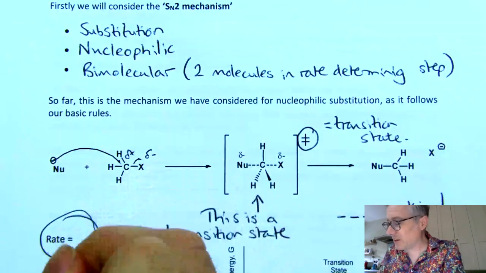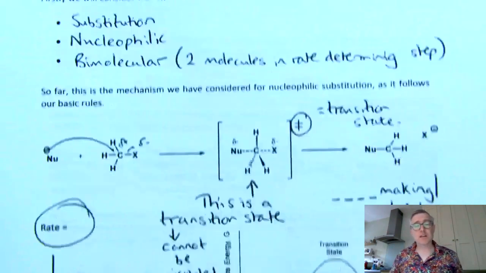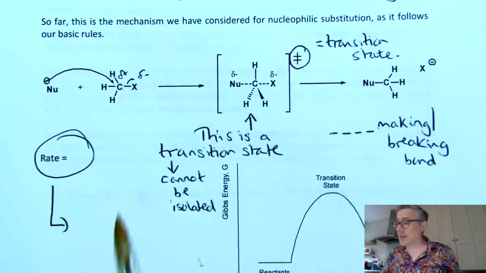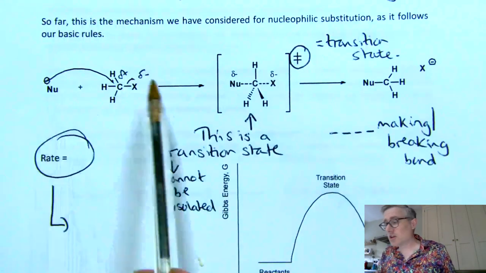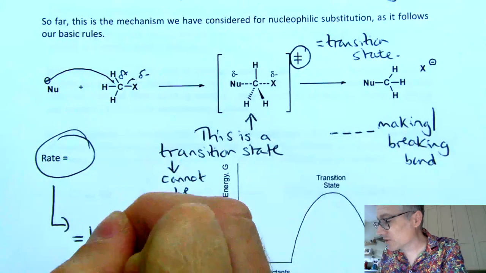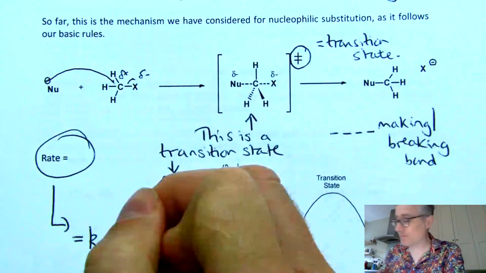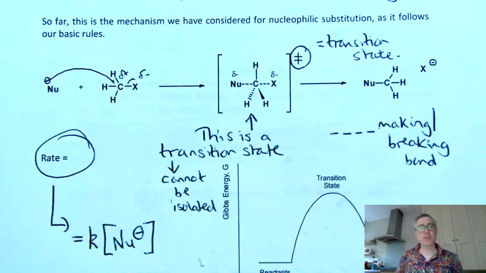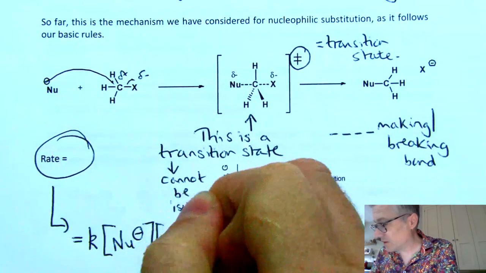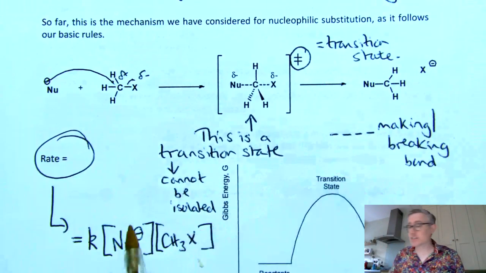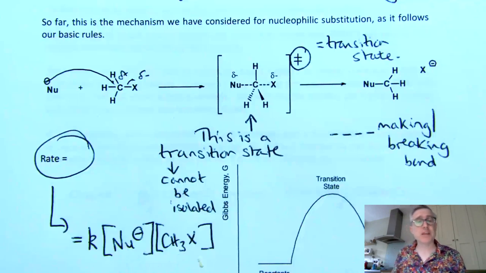So we can define the rate of this reaction. And this is a bimolecular process. We need the nucleophile to react with this molecule here. So the rate equals a rate constant k times the concentration of the nucleophile times the concentration of CH3X. There are two different species in the rate determining step.